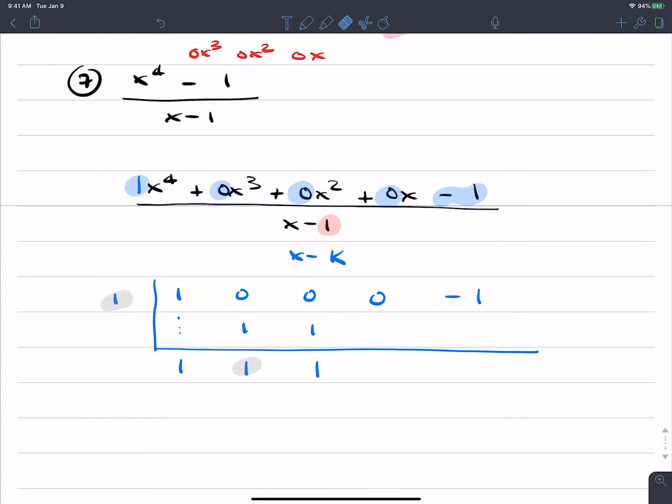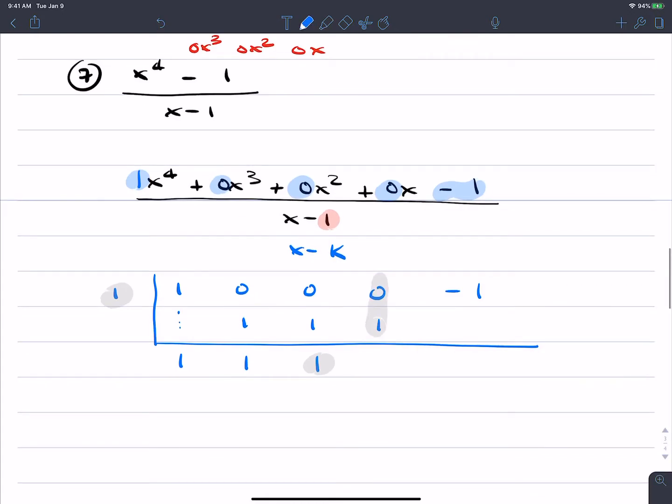We repeat the process. 1 times 1 is 1. 0 plus 1 will give us 1. We repeat the process. 1 times 1 is 1. Negative 1 plus 1 will give you a 0 remainder.